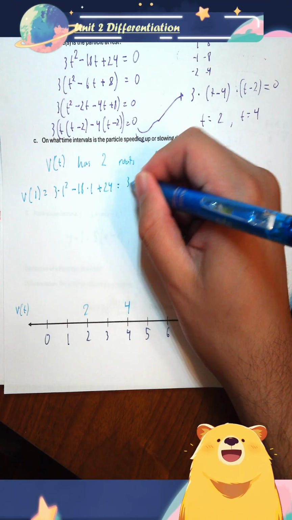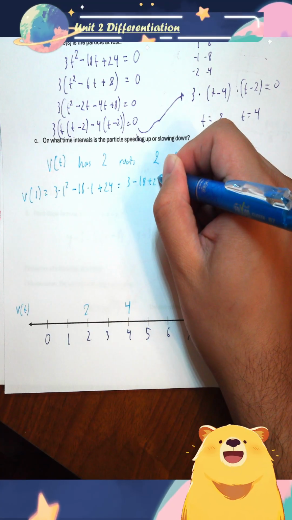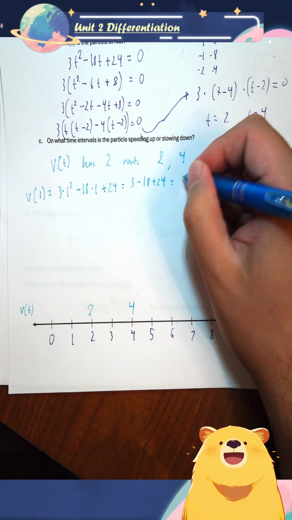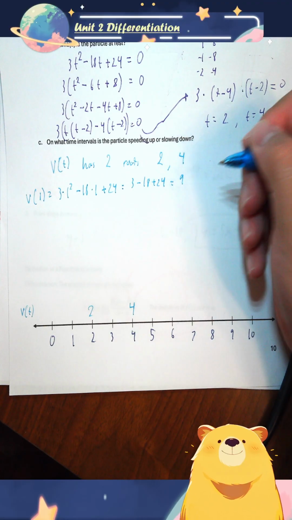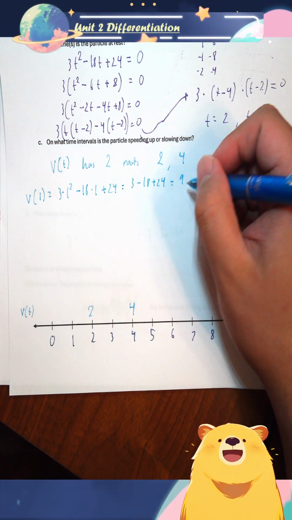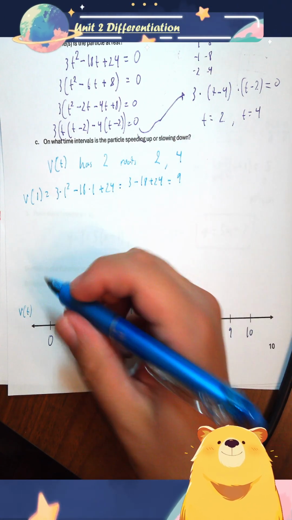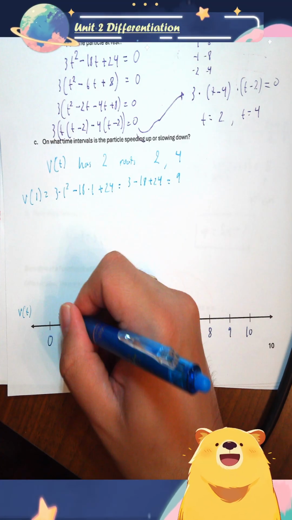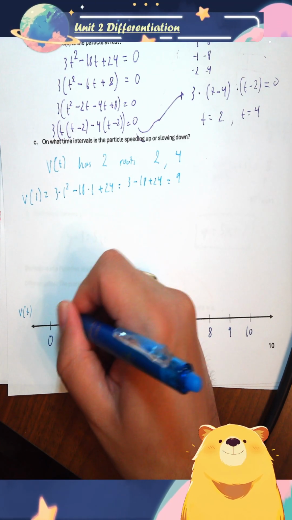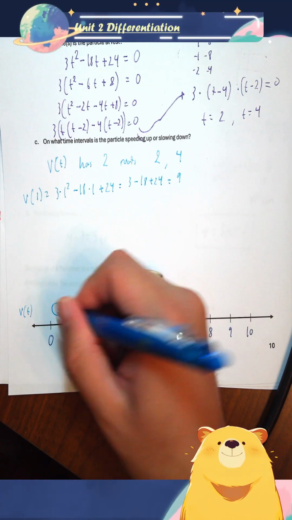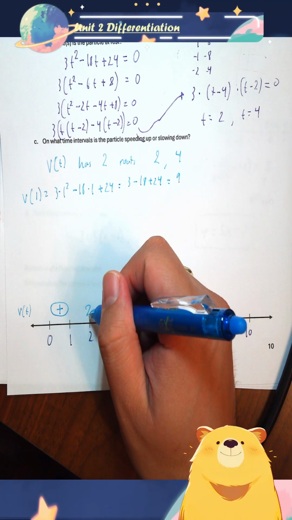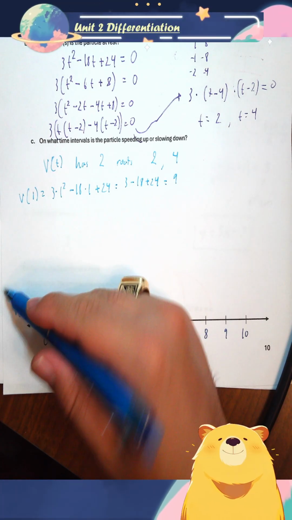It's going to be 3 minus 18 plus 24, and that's going to be 9. And 9 is a positive number, last time I checked. So in terms of velocity, it's going to be positive here.